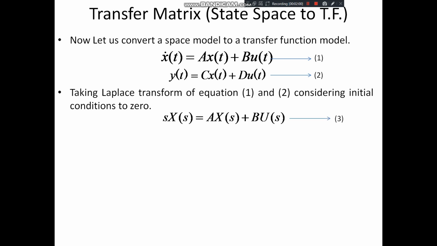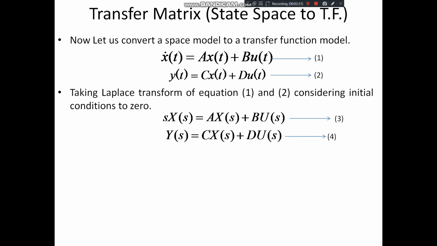Therefore, taking the Laplace transformation of equation 1, we obtain s into X of s is equal to A into X of s plus B into U of s. Let us represent this as equation 3.